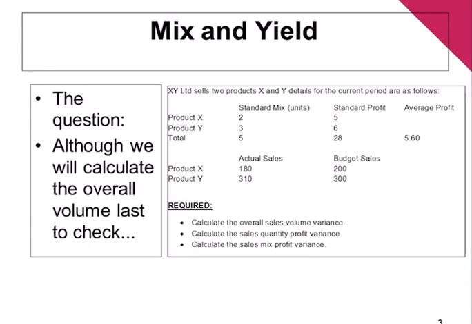They have standard profits of £5 and £6, and an average profit of £5.60. What we then go on to examine is that they have actual sales and budget sales, and we're asked to calculate the sales volume variance, then quantity, as you're thinking of yield, and then finally we'll do mix.